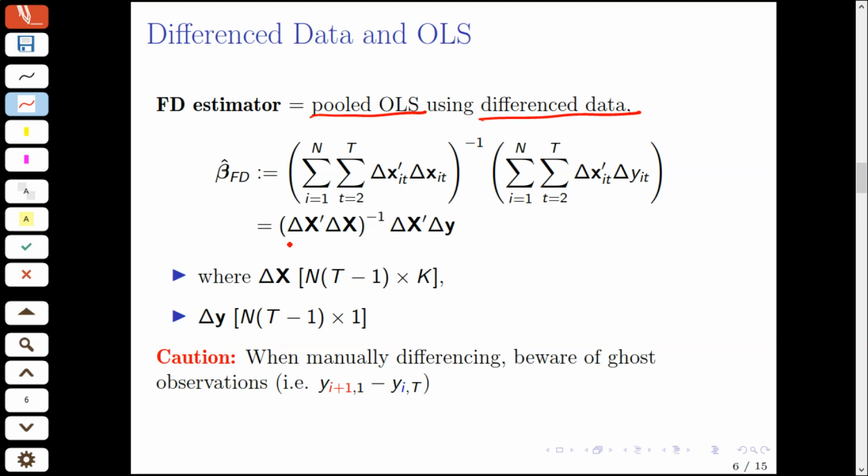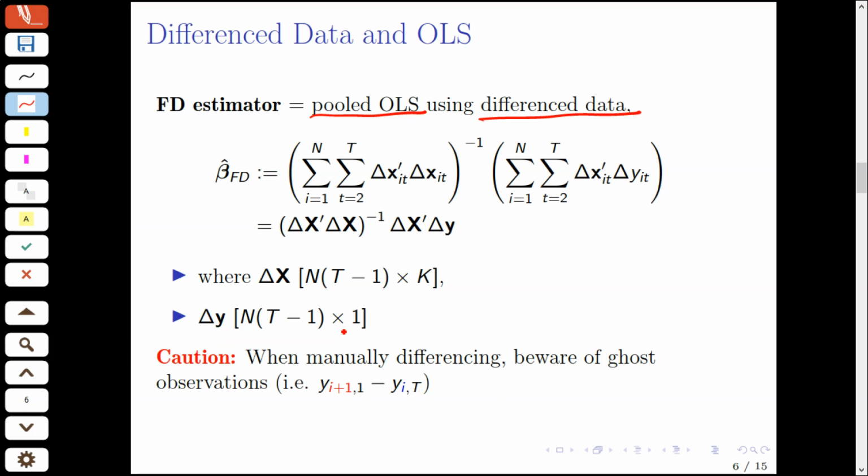Since we've lost one period of time, that yields a matrix of dimension n times (T minus 1) by k. We can do the same for the outcomes. The same type of stacking yields a vector which is n times (T minus 1) by 1.